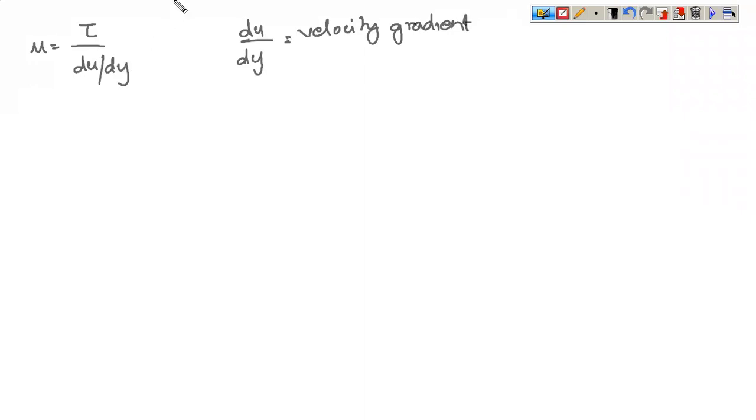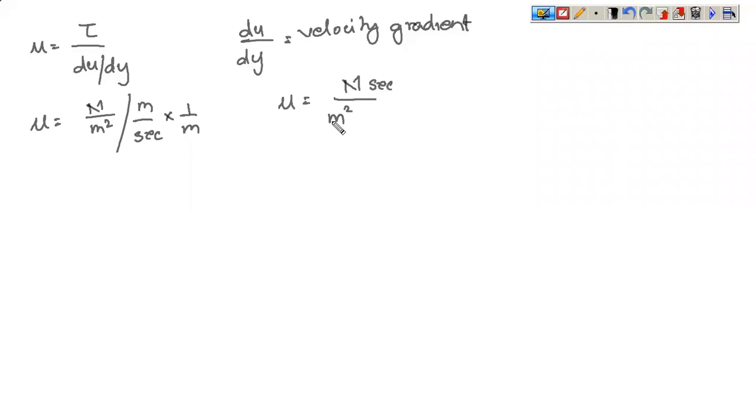So if you look at the units, mu becomes equal to tau, which is Newton per meter square, divided by du, which is meters per second, and y is again meter. So this is into 1 by m. So the unit of mu becomes Newton second per meter square.